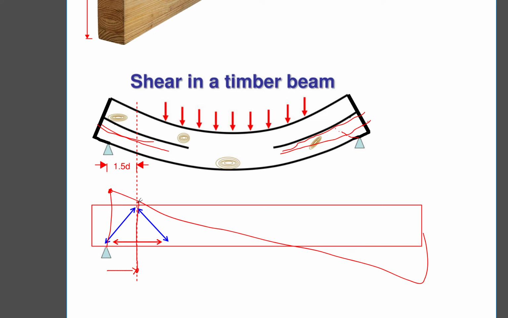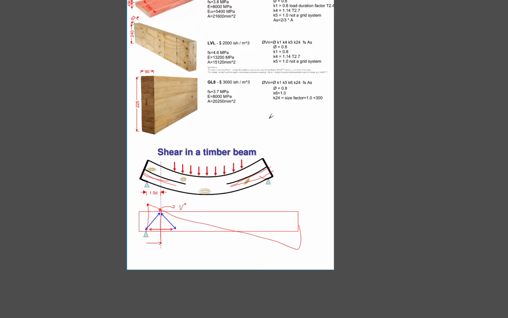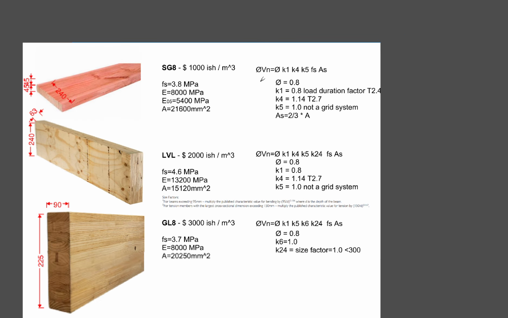So let's come in 1.5 times the depth of the beam and find the intersection with the shear profile, and that is what we design as the V star. That's the maximum shear, and then we check that V star against our phi Vn for each of the different members. So that's where you design our shear capacity.